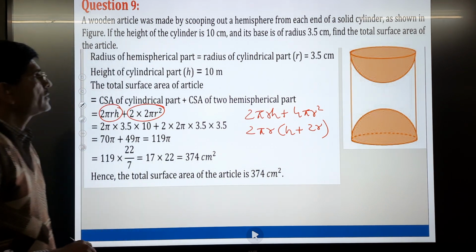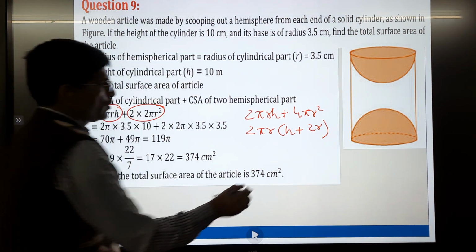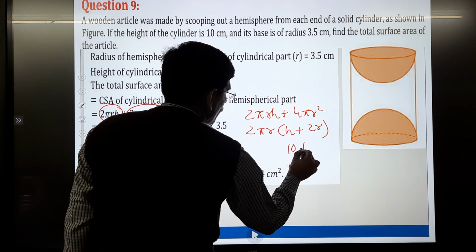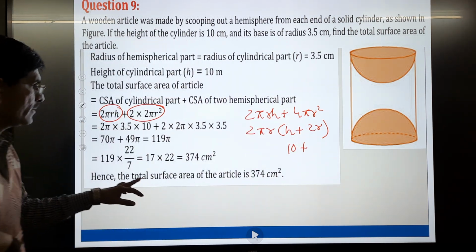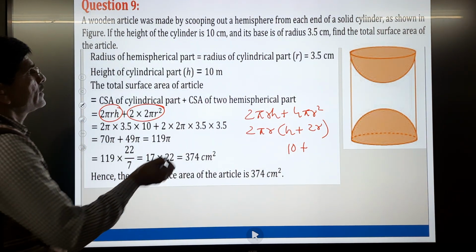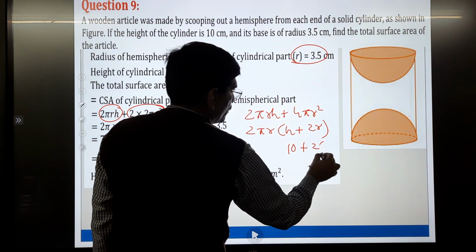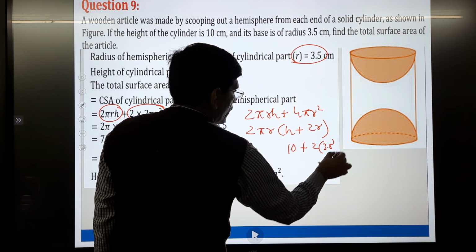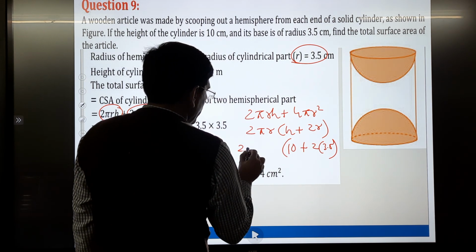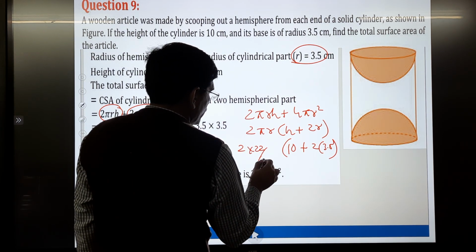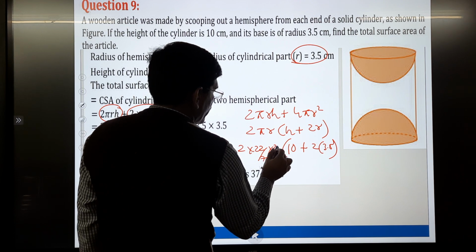Now put the values. H is 10, so I have to put 10. Plus 2 into R, the radius is there. If you see, the radius R is equal to 3.5. So 2 into 3.5. And we have to put the value here, into 3.5.